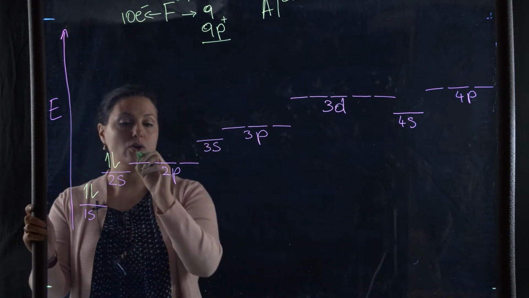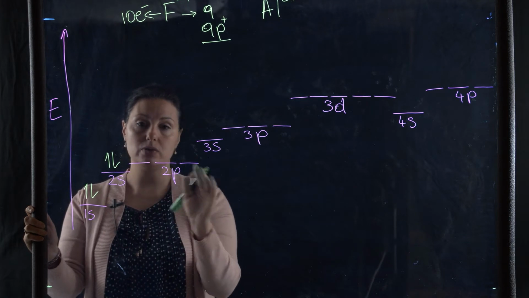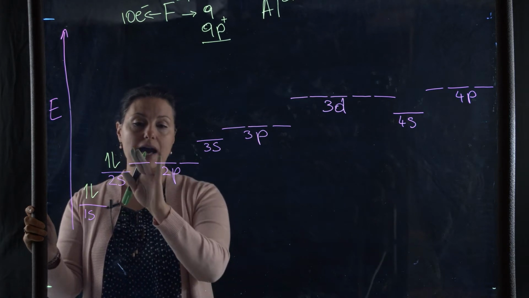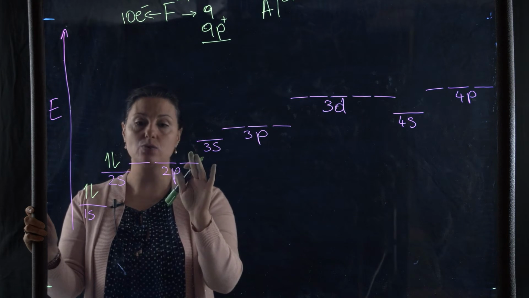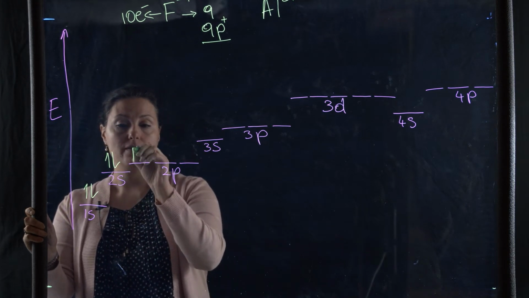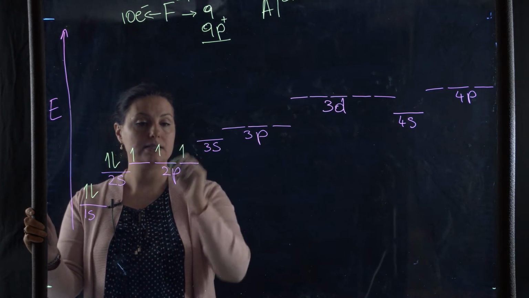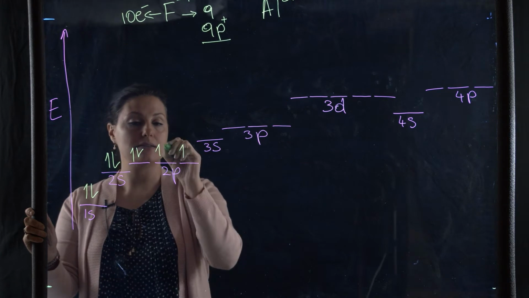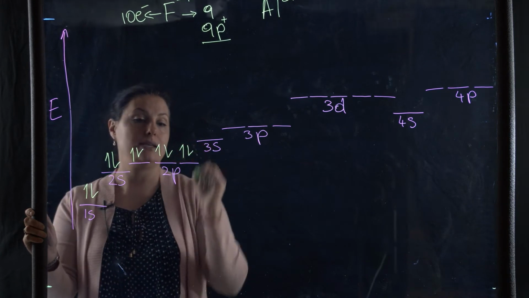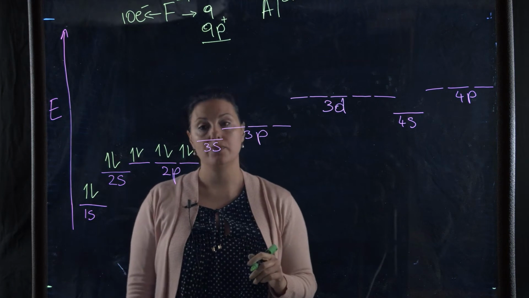So now I can go in here, and for these orbitals that have the same energy, I will put 1 in each one and then come back to pair it. So I have 5, 6, 7, 8, 9, and 10. I've used up all those 10 electrons.